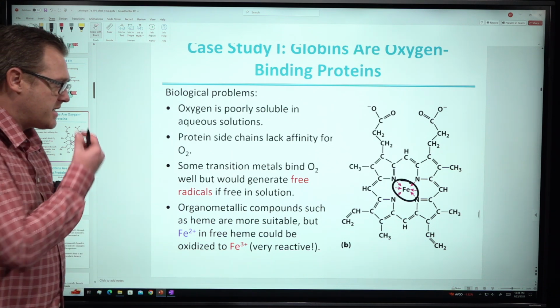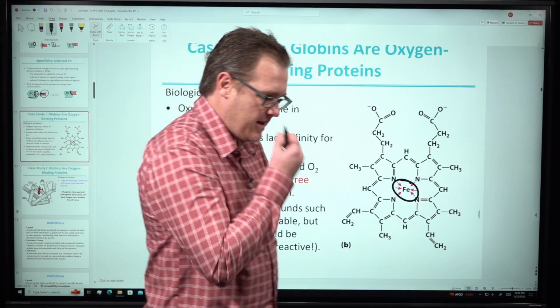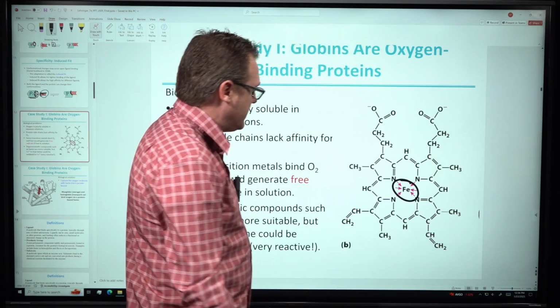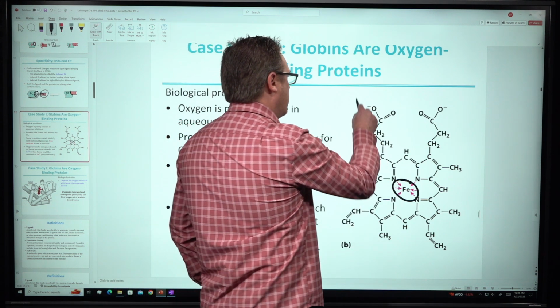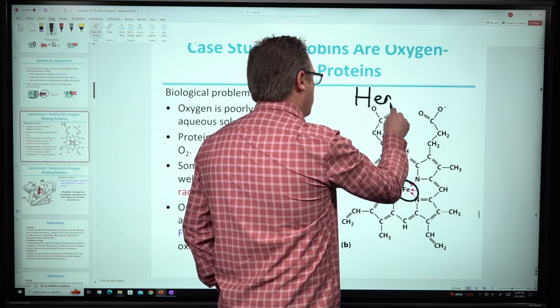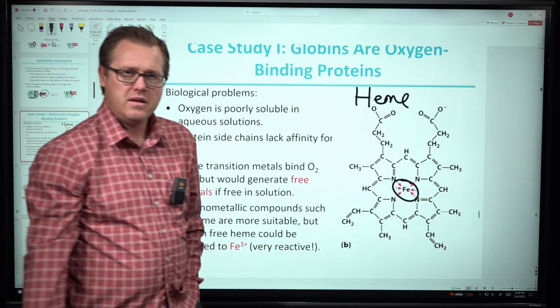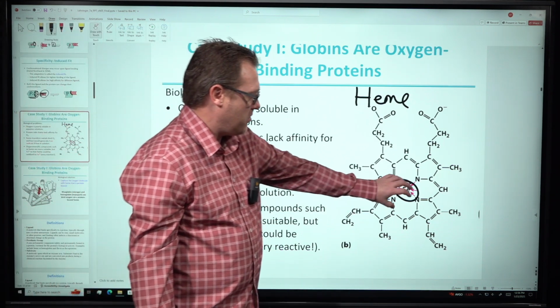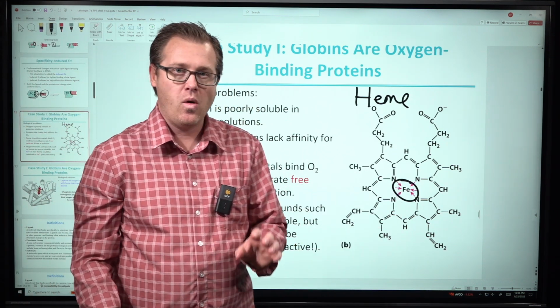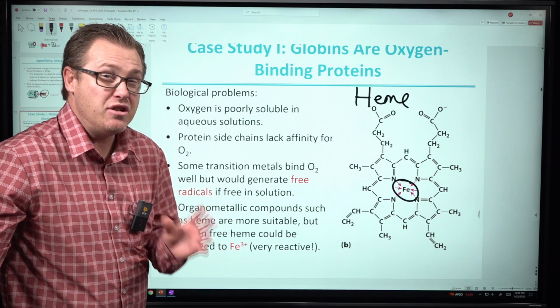What's interesting is that this molecule here is called heme. If you take oxygen and attach it to the iron in heme and heme only, it's still too reactive.